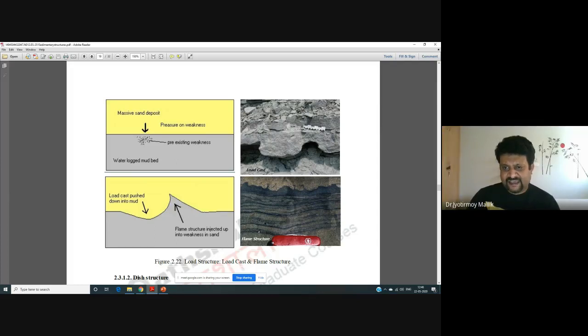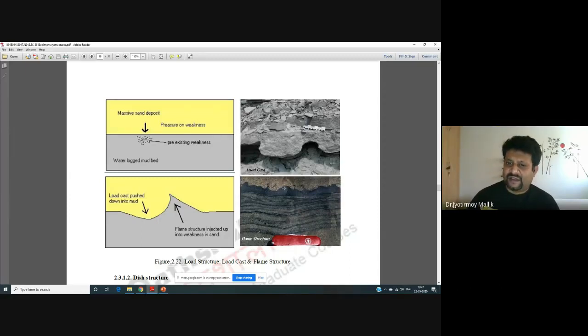So you can see here the beautiful development of this massive sand bed, which is actually forming a load cast inside this waterlogged mud. Perhaps here there was a possibility of formation of a flame structure. You can see here the development of beautiful flame structures. These are load casts and the beautiful formation of flame structure.